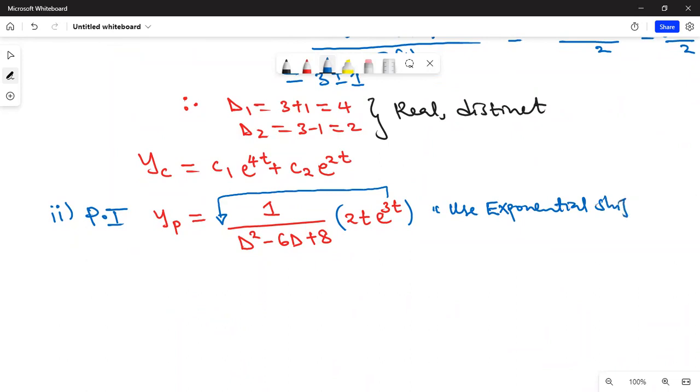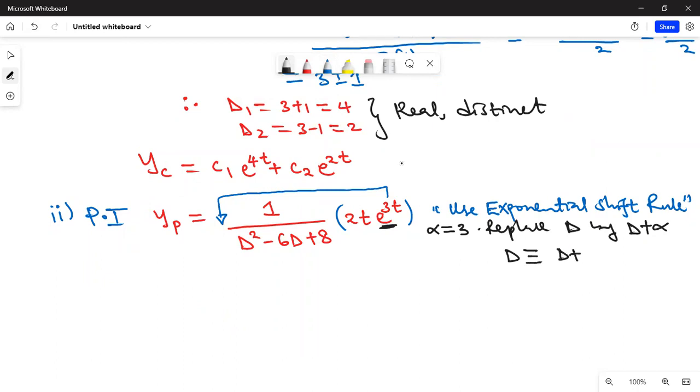What are we shifting? The exponential function is this one, so our alpha is equal to 3. We replace every d that you have found by d plus alpha. This means where we have d, we are going to replace that by d plus 3.